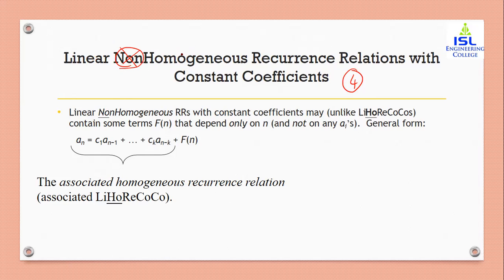Whenever your recurrence relation contains some term f of n that depends only on n, not on any a_i values like a_n or a_{n-1}, we call it a linear non-homogeneous recurrence relation.